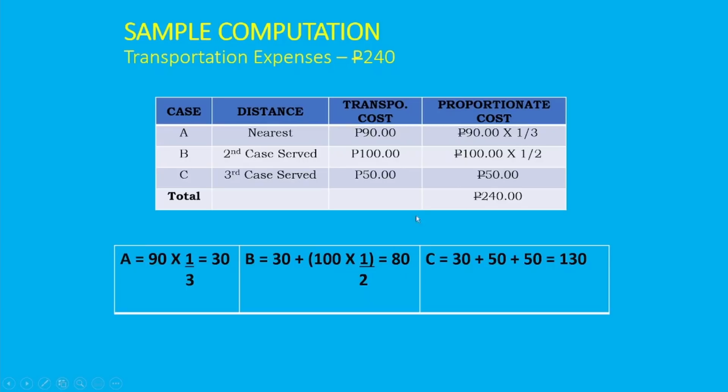The other 50 shall be borne by C. Then the last transport cost, from B's place going to C, is 50 pesos. This 50 pesos shall be allocated to C alone. So 30, 50, 50, 130 for C. That's how you allocate the total cost incurred if the process server or sheriff serves court processes at the same time involving different cases or different parties.